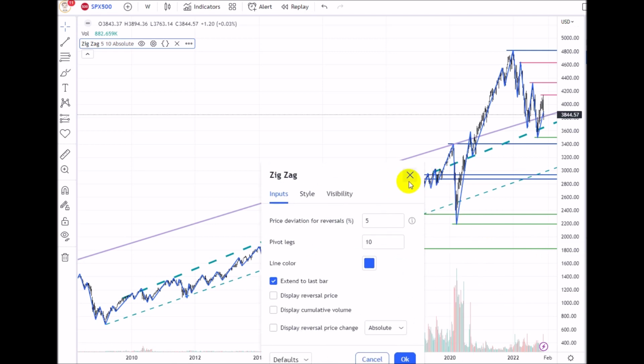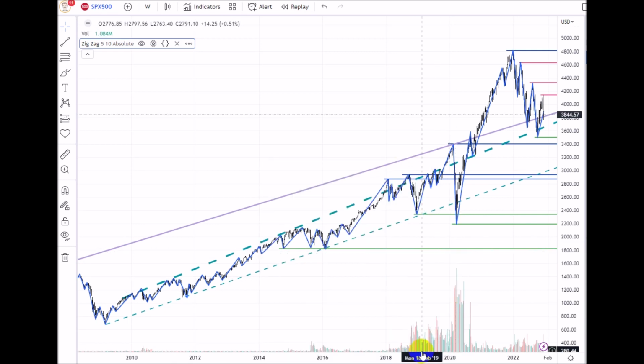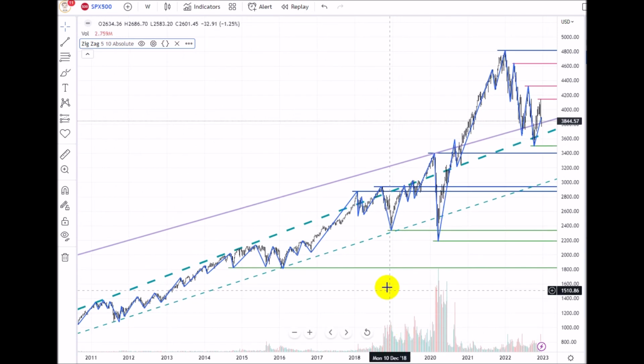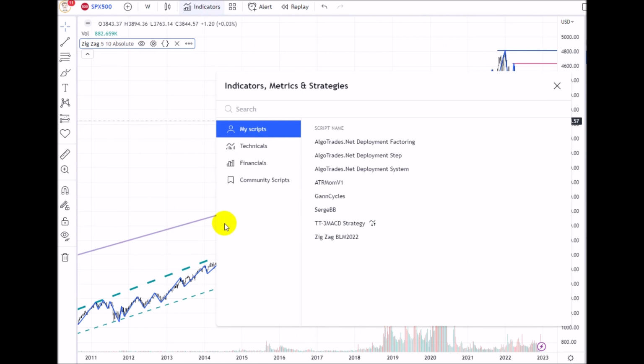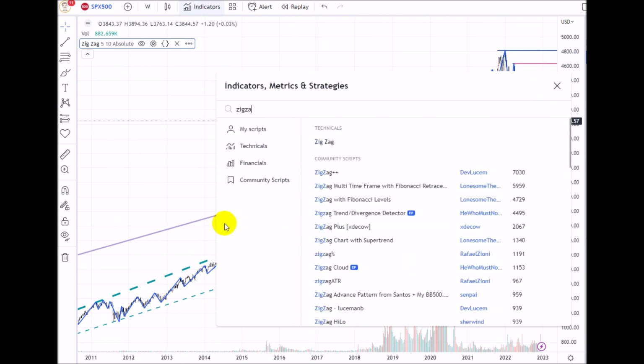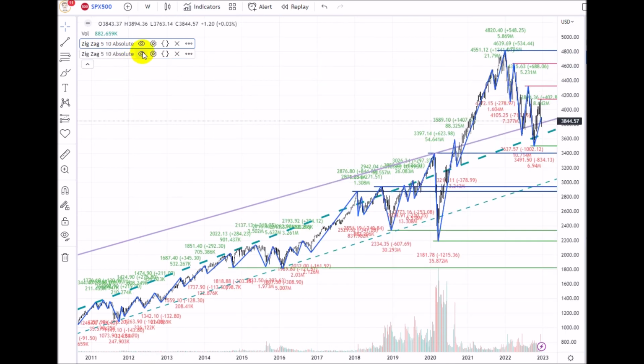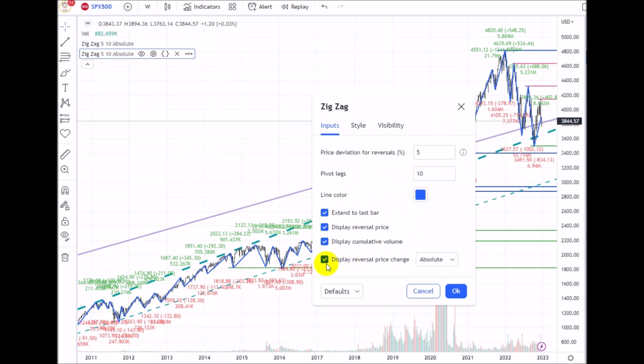Okay, so what we're going to do now is take a look here at the predominant trends. So you can see, in fact, let me add another one and I will show you how I could deploy this as longer term versus shorter term type analysis. So we'll turn this off.